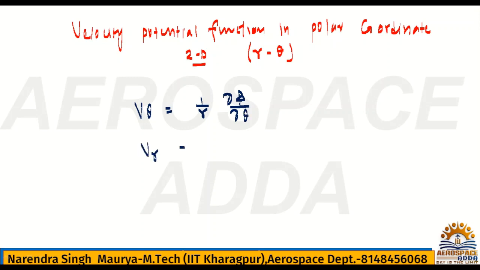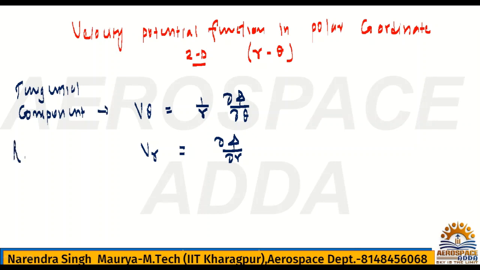If we are writing the radial velocity component, I need to write the tangential component, and this is what?